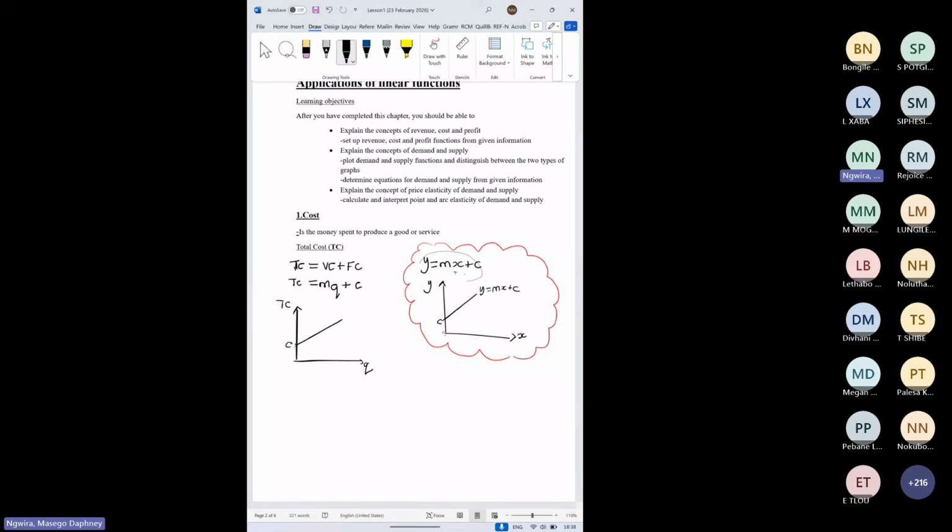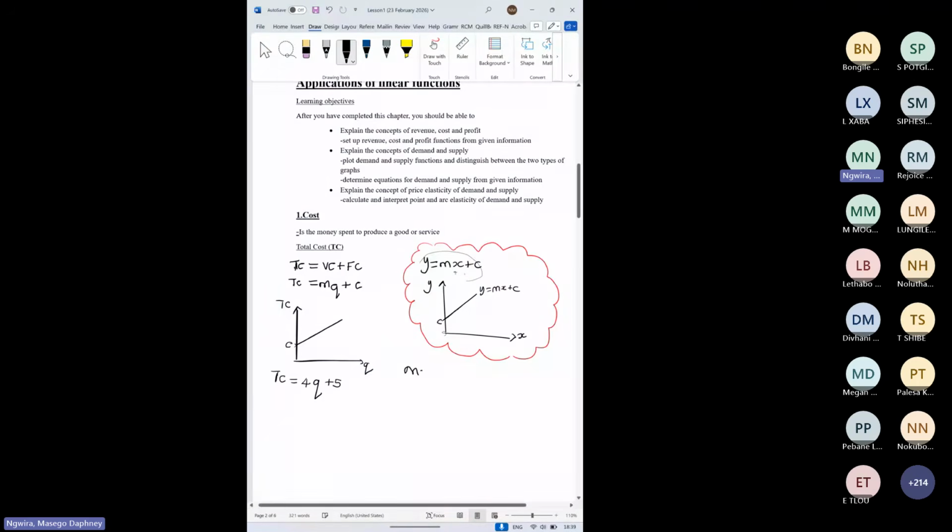So, for an example, if my total cost function, TC, is equal to 4Q plus 5, then it will mean that my gradient is 4. All right. So this is the change in TC over the change in Q. Now remember the M on this one is the change in Y over the change in X, which is the gradient.